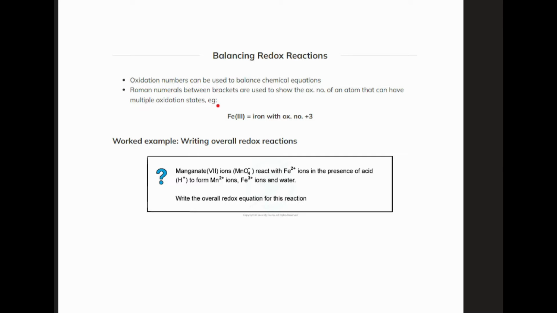So for example, this is iron. What is special about iron is known as transition elements. So what is transition element? If you look at your periodic table, it's something like this.